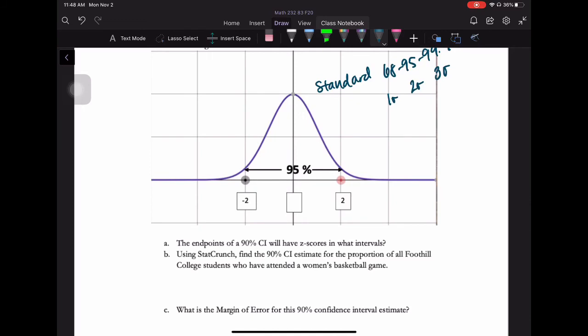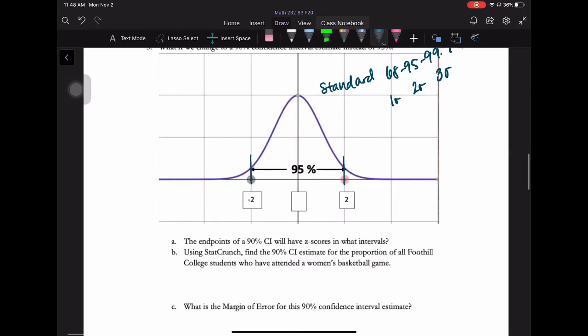What's the z-score going to be? We knew that the z-score for this was about 2, but what's 90%? So if you looked in OLI and you actually went through the work, the z-score will be plus or minus 1.65. And a lot of times online, you'll see 1.645 is just a little bit more accurate. Using StatCrunch, find this 90% confidence interval estimate and then calculate the margin of error.